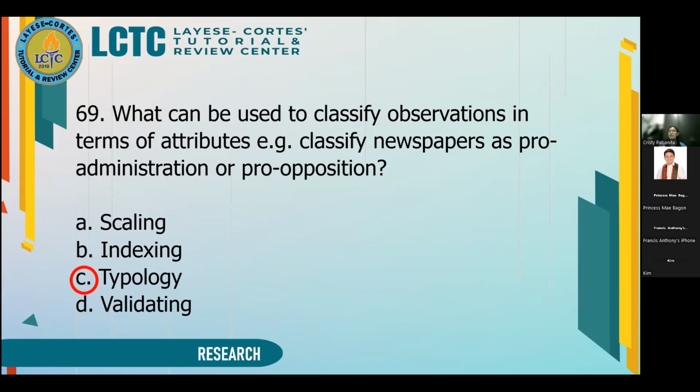Then interval scaling, and the ratio scaling, which is the highest type. Those are the 4 types of scaling. We also have indexing, which is common in libraries, and validating. For 69, the answer is letter C.